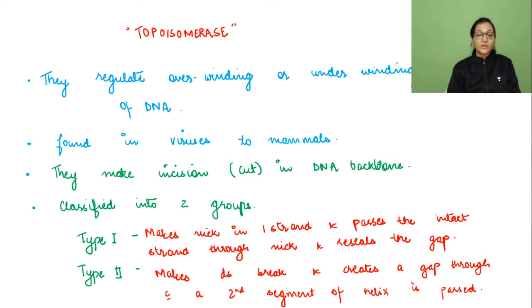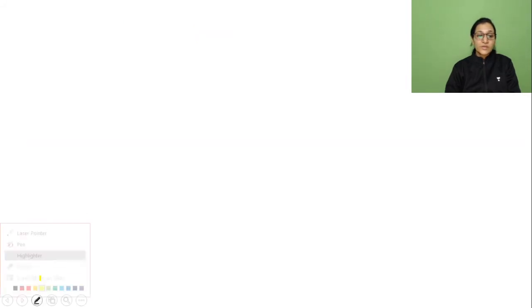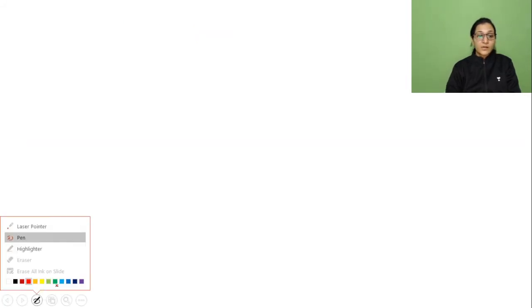We have seen its basic function. Remember that type 1 is responsible for making a single-stranded break and type 2 is responsible for making a double-stranded break. Now we need to know the mechanism of action of topoisomerase.